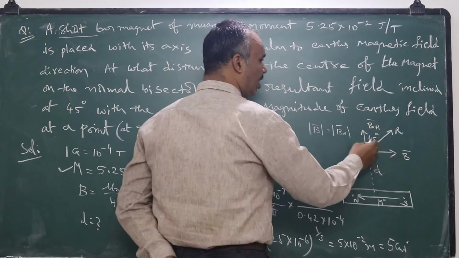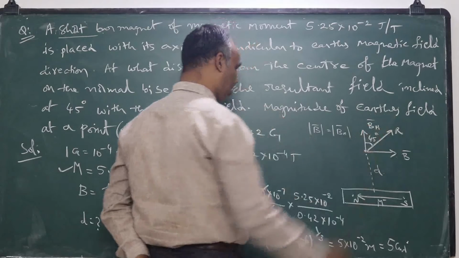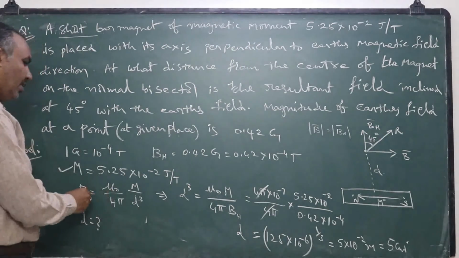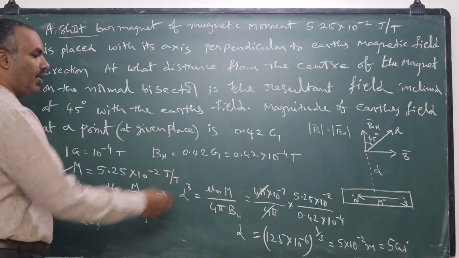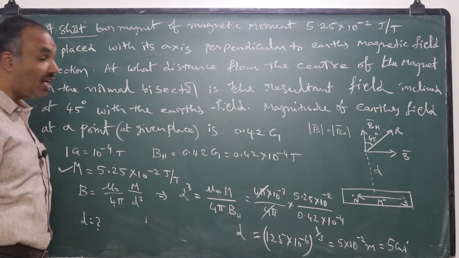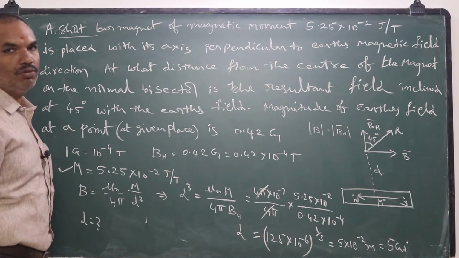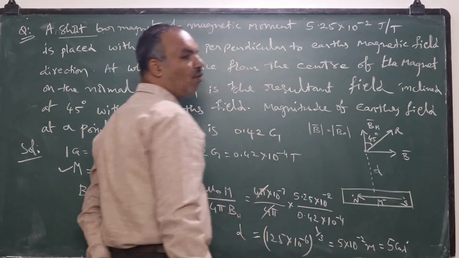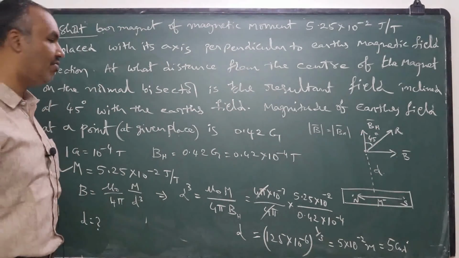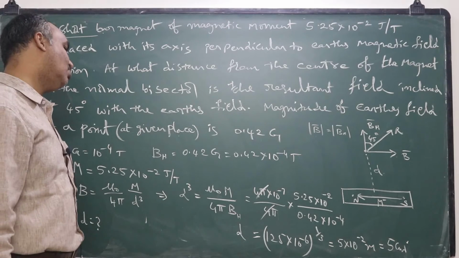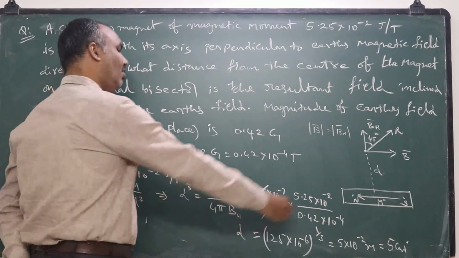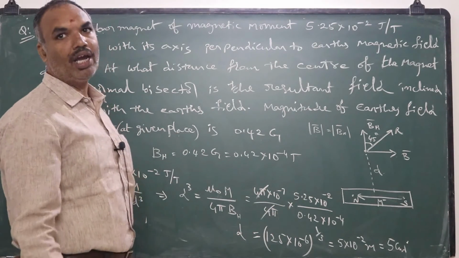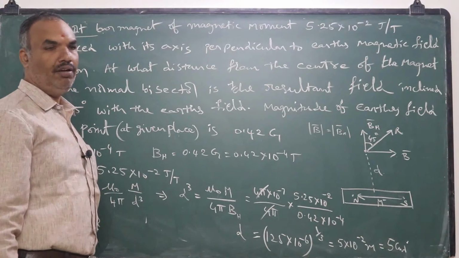When both are identical, then only the resultant will be in the middle. Therefore, in this formula, in the place of B, I took BH. B and BH should have the same value. Then only the resultant field makes an angle of 45 degrees with the earth's magnetic field. So by considering this point, I calculated the distance of the point on the equatorial line. I hope everybody followed this solution.